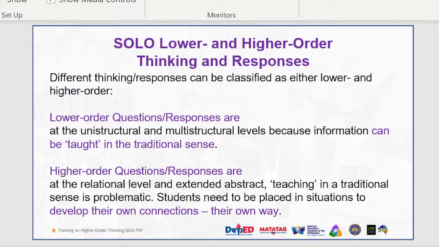So a lot is at the uni and multistructural levels. The higher order questions or responses are at the relational level and extended abstract. Teaching in a traditional sense is problematic. Students need to be placed in situations to develop their own connections, their own way.